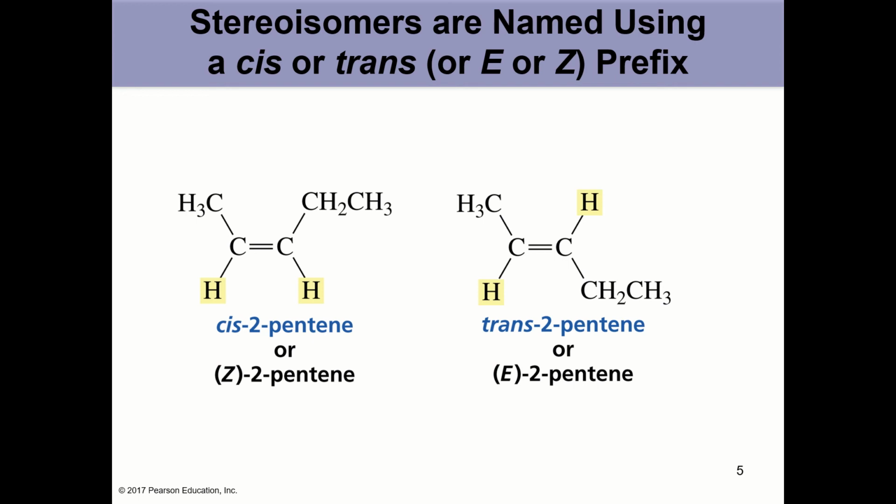Stereoisomers are named using cis or trans or E or Z prefixes. So we learned how to determine E and Z in Chapter 4, and now we have to apply it to be able to name molecules correctly.